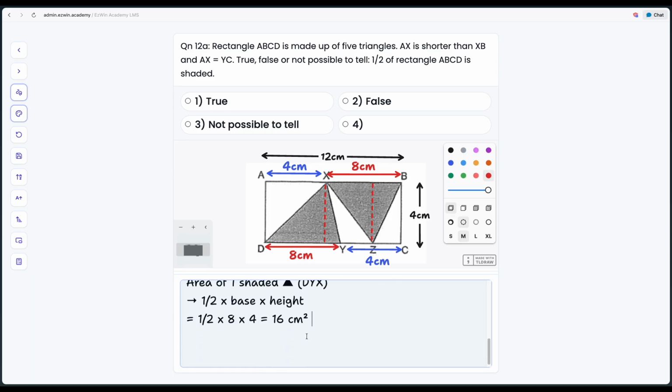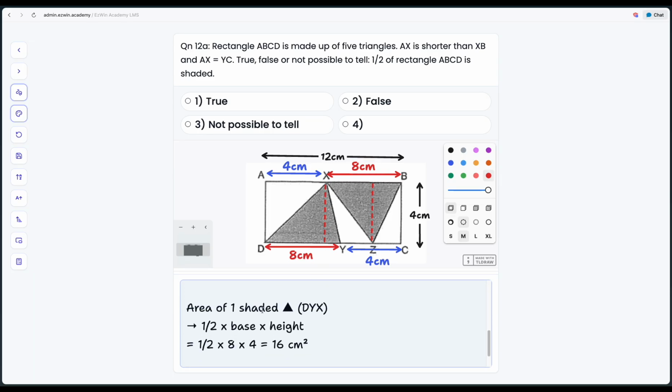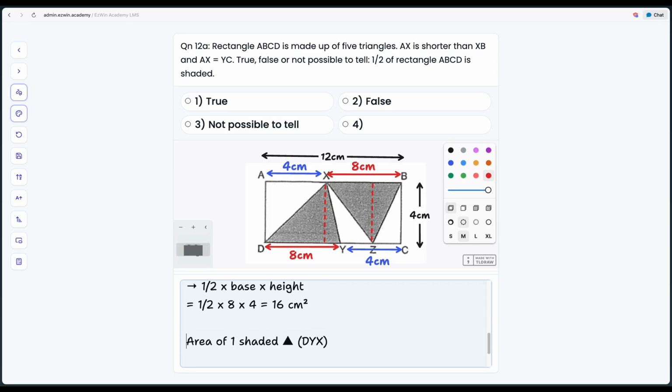Now let's do the other one, the area of another shaded triangle, XBZ. Same thing, half times base times height.